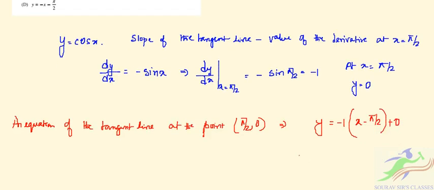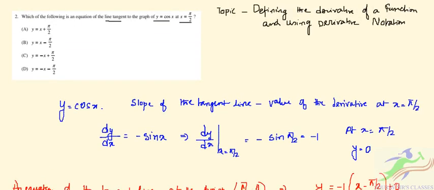From here we get y equal to minus x plus pi by 2. If we check with the options, the correct option is option C, minus x plus pi by 2.